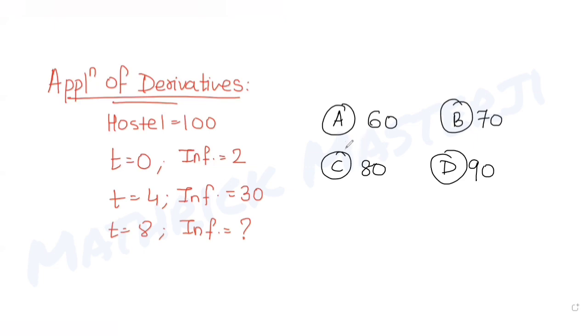Let's figure out how we solve this question. The first thing given is that the total number of students in the hostel is 100.